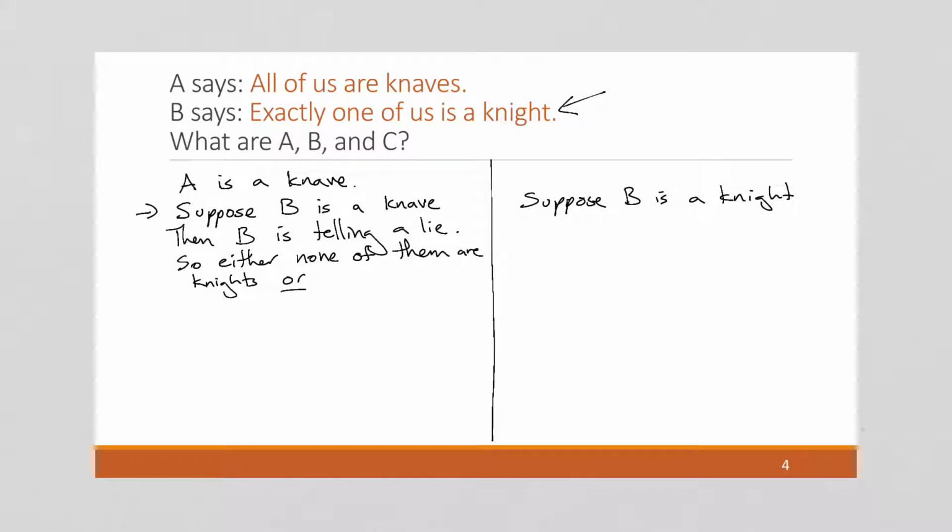So the alternative is that both B and C are knights. Because if it was only one, B or C being a knight, then B would be telling the truth. But we're supposing that he's a knave.